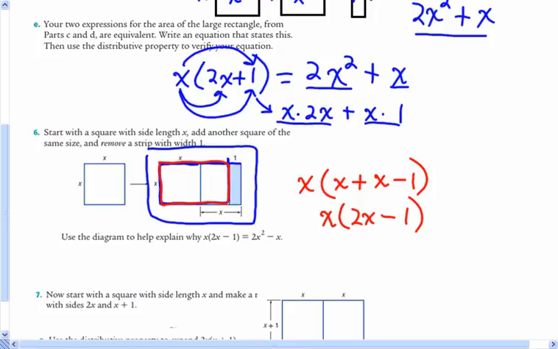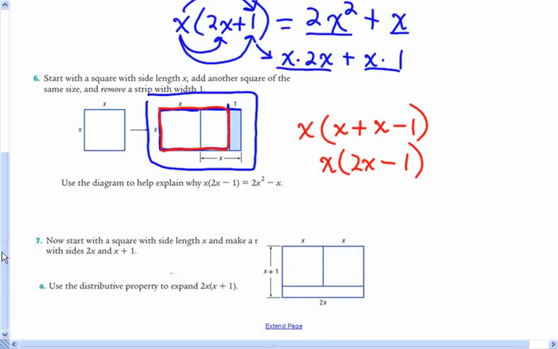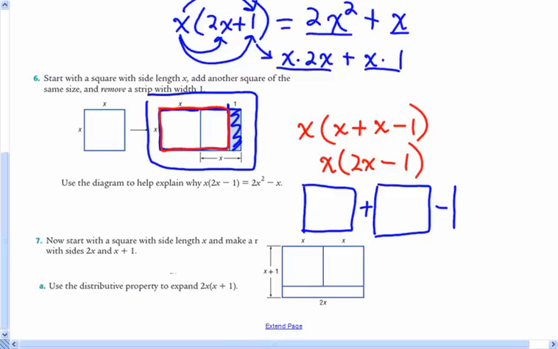Okay, now if we think about separating that into pieces, we have our 2 original squares. And remember, we cut off this strip off the end of one of those. So if we add the 2 original squares, then we got to subtract that one piece that we cut off. And our dimensions are x by x.